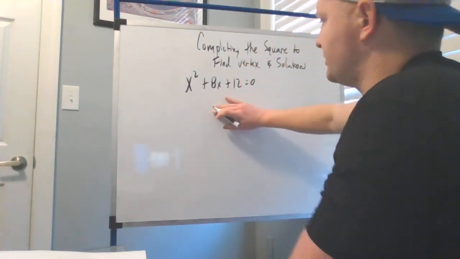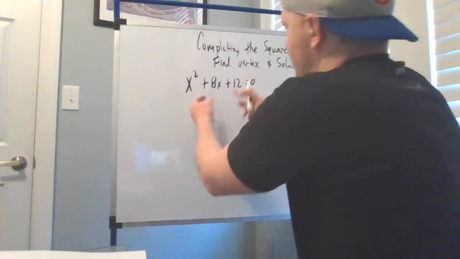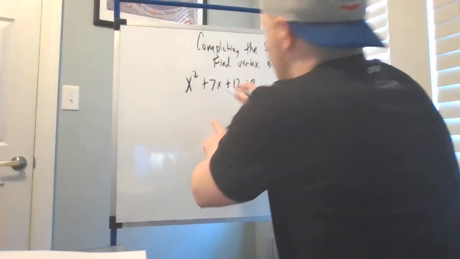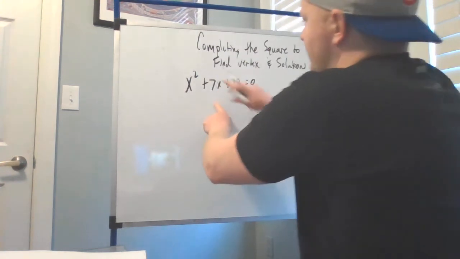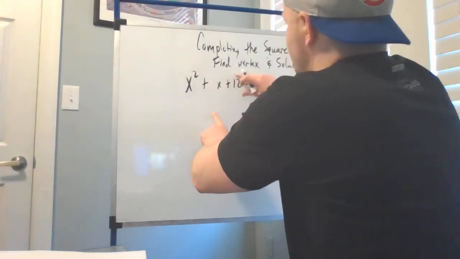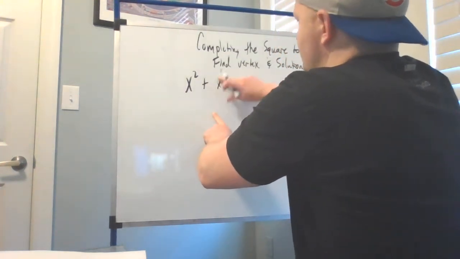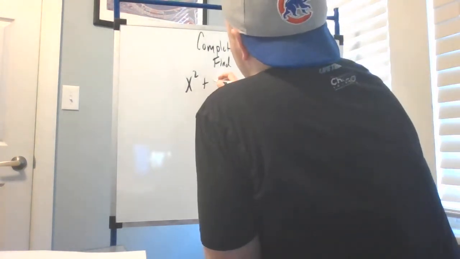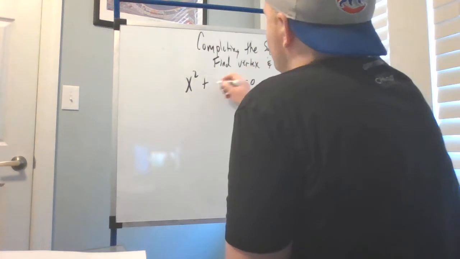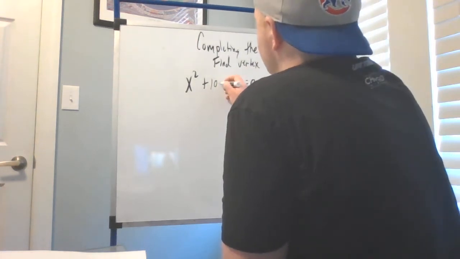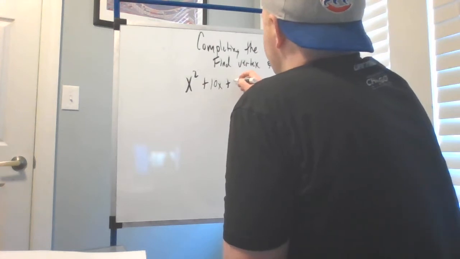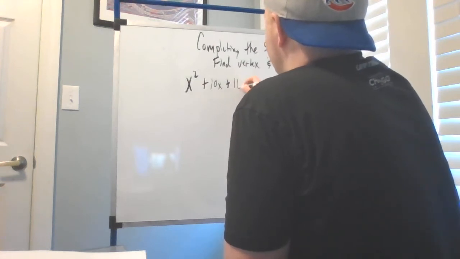So first things first, I look at this number. All right, well, you know what, let's change it up. Let's do 7x here. All right, so now that would be too hard for what we're doing today. Let's change this to 10x plus, let's say 16, okay?